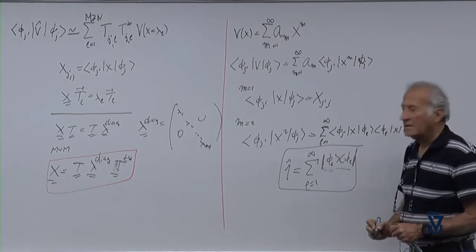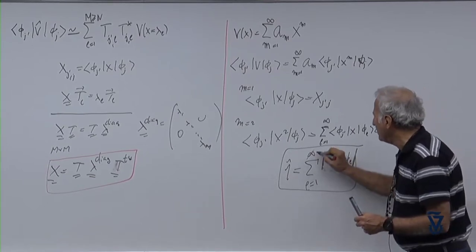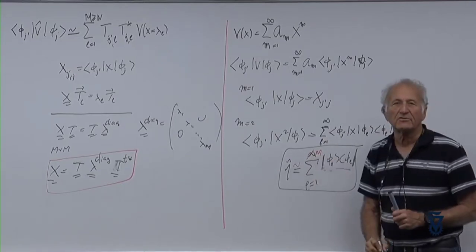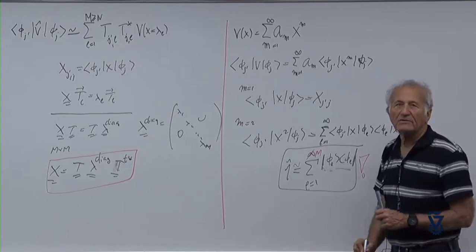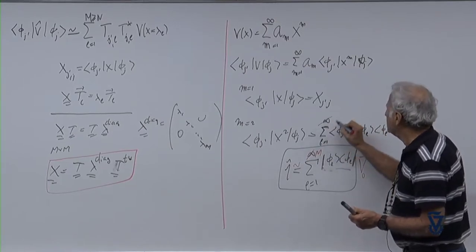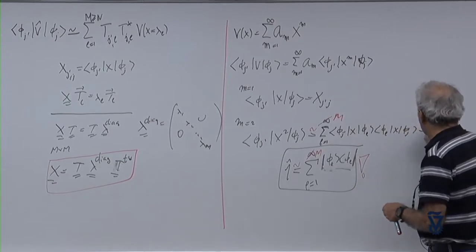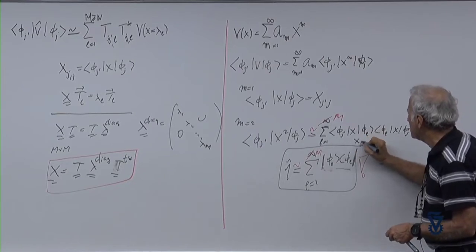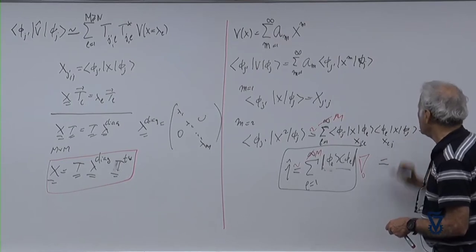Now, in the numerics, we don't take it to infinity, and therefore we assume that if we take m large enough, then this will be about equal to unity. This is our approximation, so this is a very important point in our derivation. And when we do this, one can see immediately that this is x j prime l, and this is x l j.